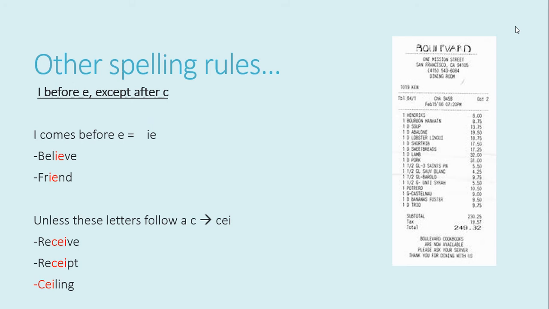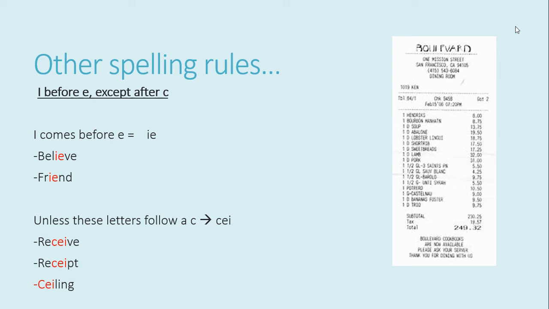Other spelling rules. You may have heard this one before. I before E except after C. Well, what we mean by that is if we are going to put I and E together within a word, I tends to come before E, so it would be IE in a word, unless the I and the E come straight after the letter C, in which case we would swap the I and the E round.